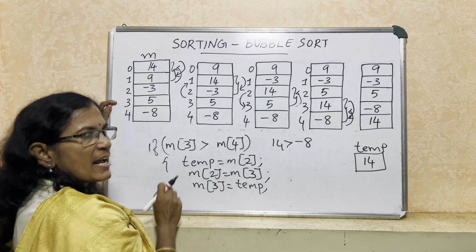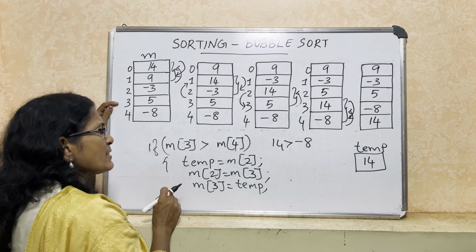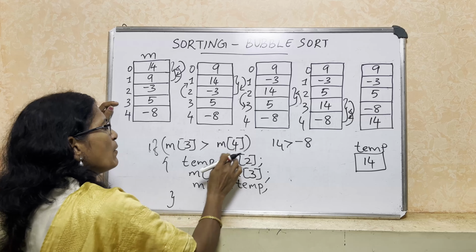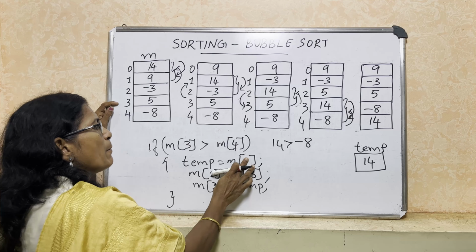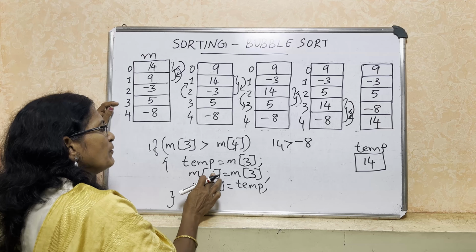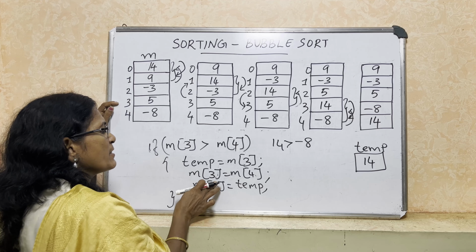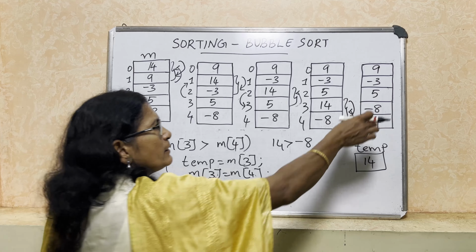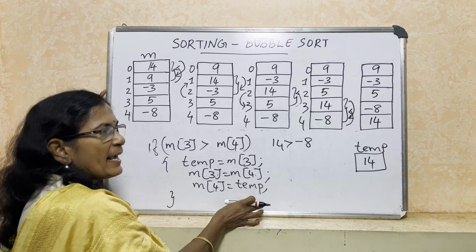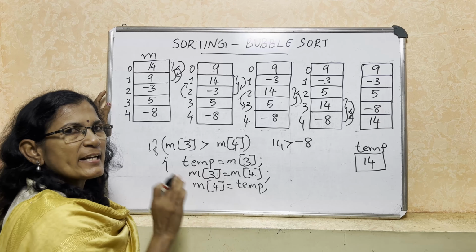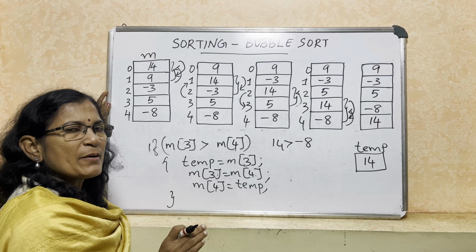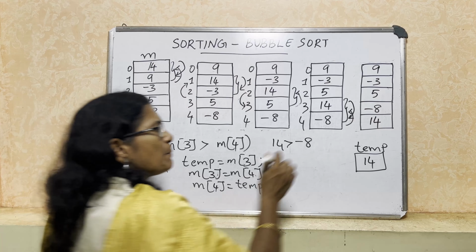So the last comparison we have done was M of 3 greater than M of 4. So temp equal to M of 3, M of 3 is equal to M of 4 and M of 4 is equal to temp. So you have got the elements of the array arranged in this order. You can see that the highest element of the array is placed at the bottom.